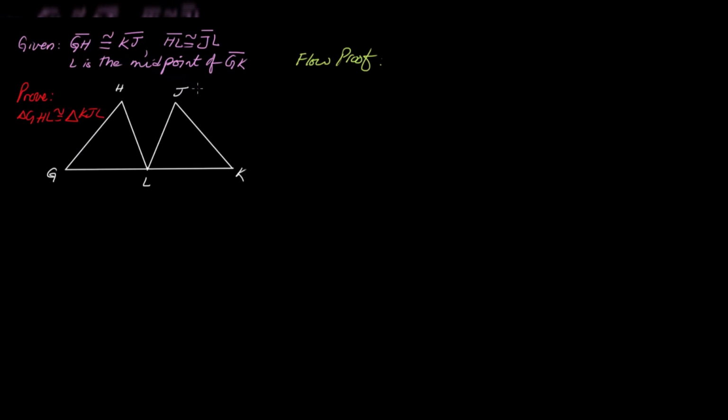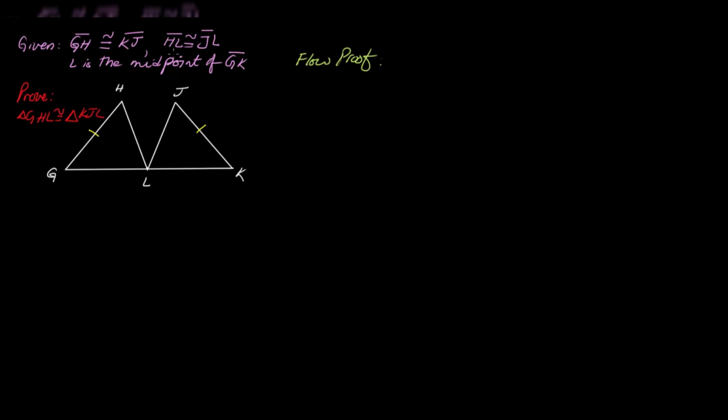The second thing is, if you're given a figure like this, mark information using tick marks on the figure, it will help you visualize the problem. So let's do that. Segment GH, which is over here, is congruent to segment KJ, which is over here.